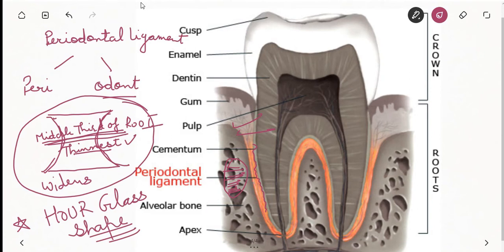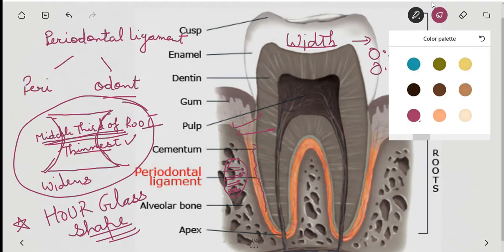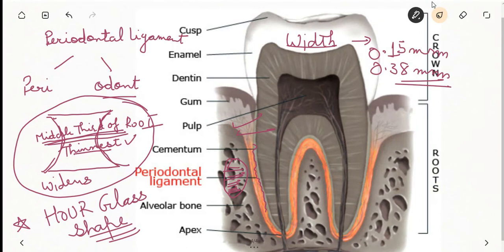Another point that you have to remember is the width of the periodontal ligament. For your exam point of view, remember it is 0.15 mm to 0.38 mm in width. Also remember that the periodontal ligament decreases with age.